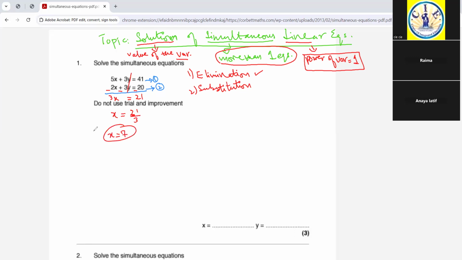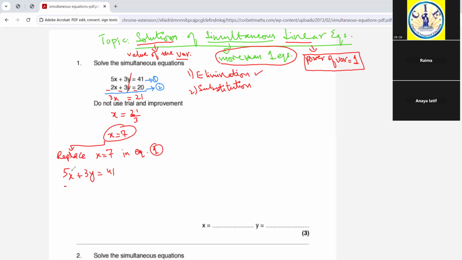Once we have got the value of one of the variables, we can substitute this value in either of the two equations. For example, let me replace x equals 7 in equation 1. So that would be 5x plus 3y equals 41.